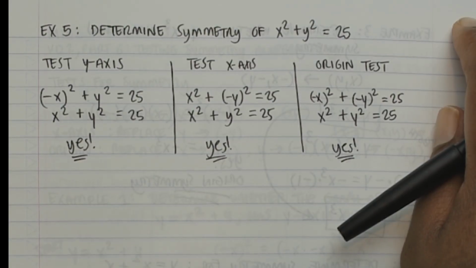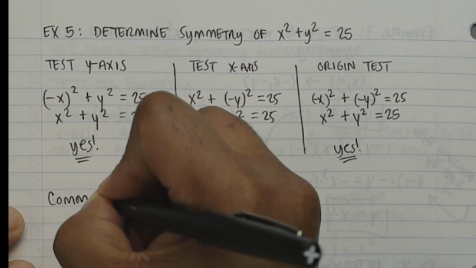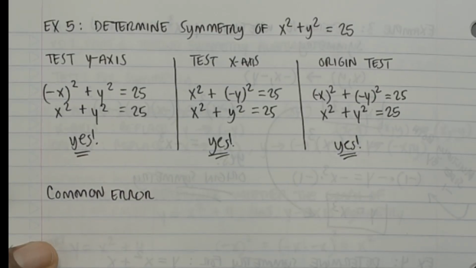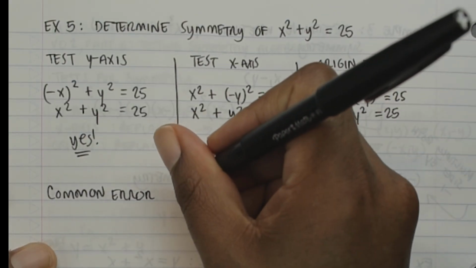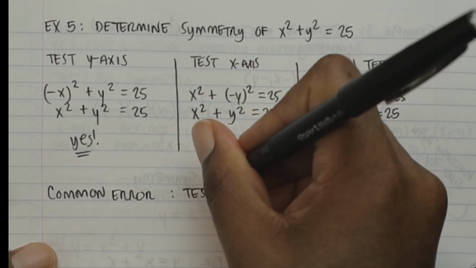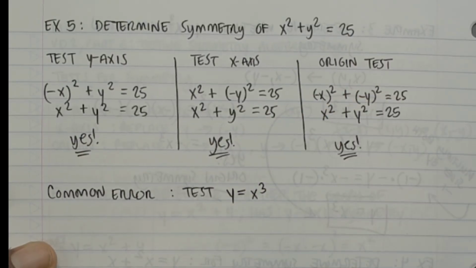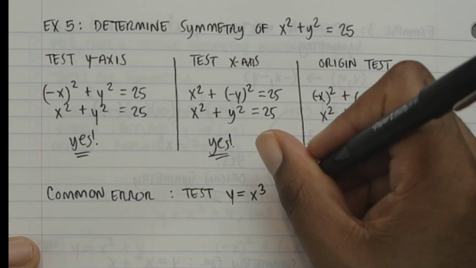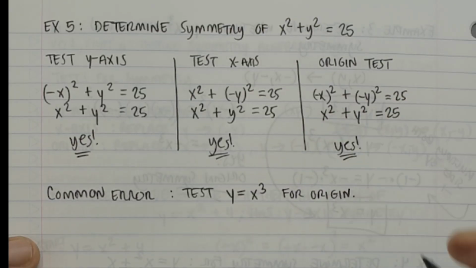Now, a common error is, let's just say a student is testing, let's use the equation that we had earlier, y equals x cubed, and they're testing for the origin.